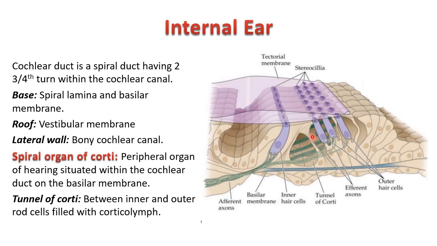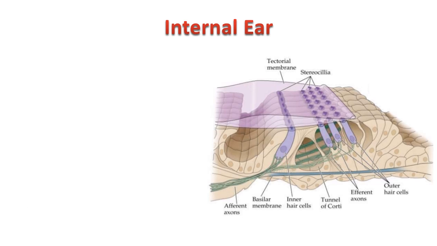Mainly the tunnel of Corti is filled with cortilymph. It is a gap between the rod cells, and here you are able to see the afferent and efferent fibers of the vestibular nerve.